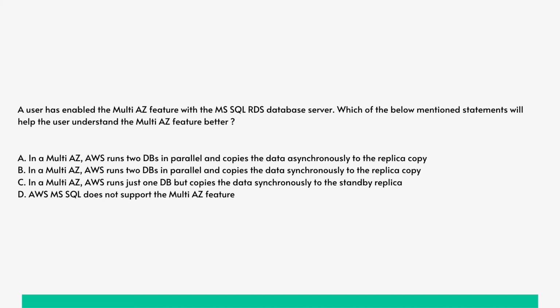Option A, in a multi-AZ, AWS runs 2 DBs in parallel and copies the data asynchronously to the replica copy.